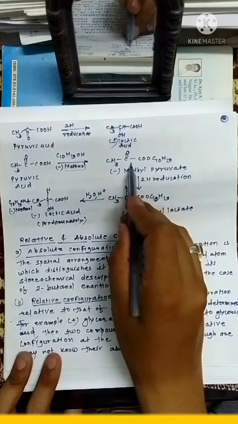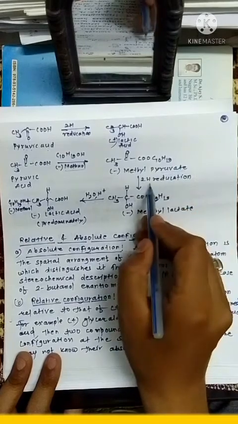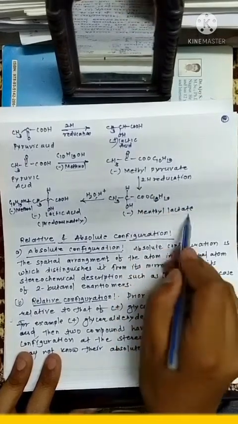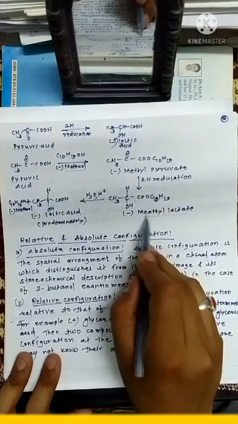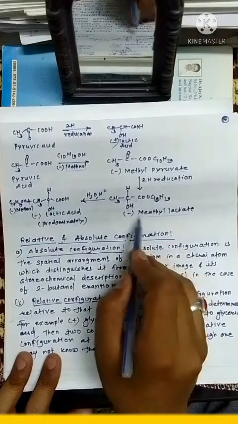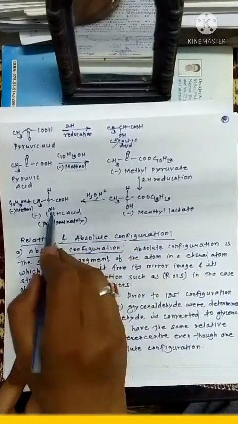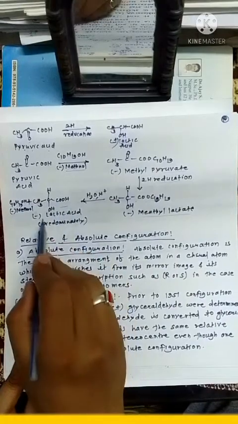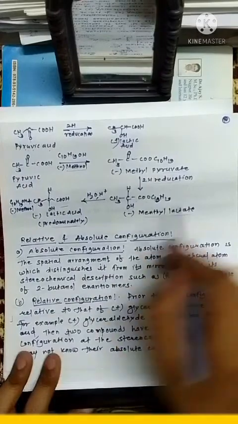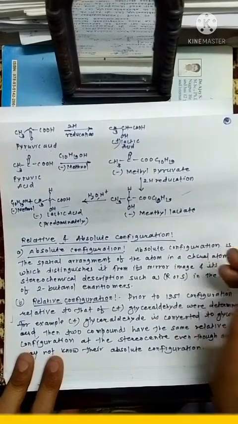When this optically active methyl pyruvate is reduced, we get the optically active, that is negative form of methyl lactate. When this negative form of methyl lactate is hydrolyzed, what do we get? We get negative lactic acid predominantly. So this is the example of asymmetric synthesis.